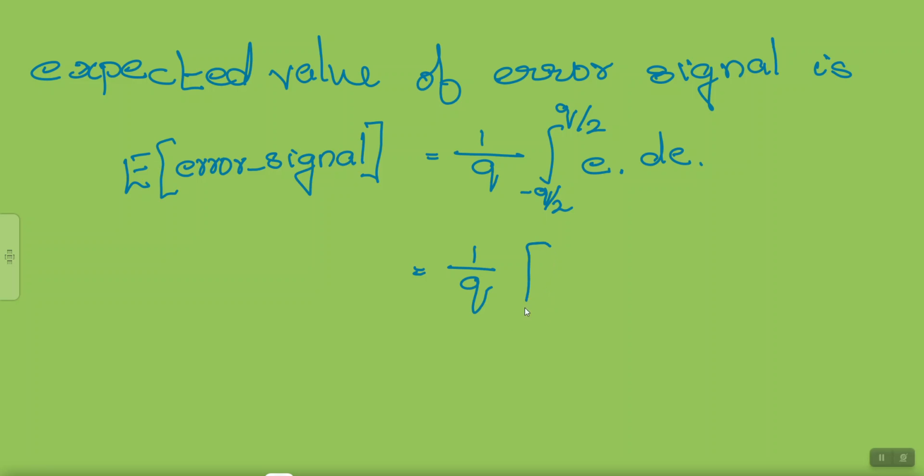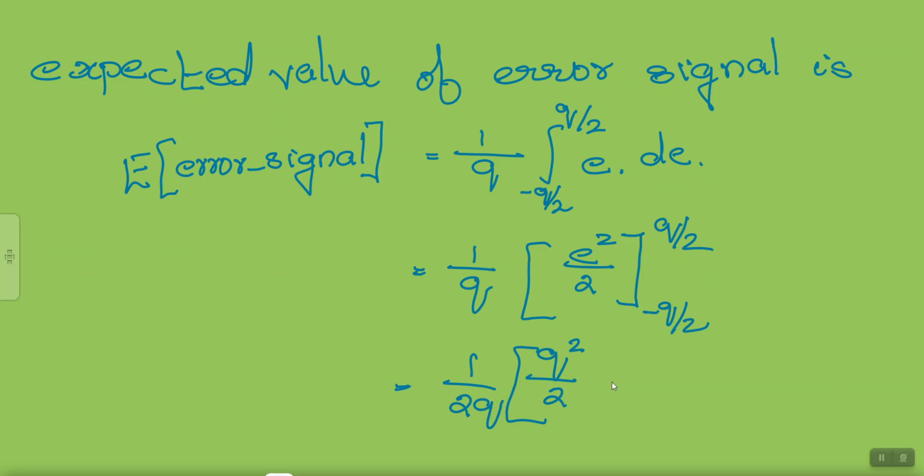When we integrate this, e square divided by 2, that is equal to 1 by 2q into q square by 2 minus minus q by 2 the whole square, that's equal to 1 by 2q into q square by 4 minus q square by 4, that's equal to 0.